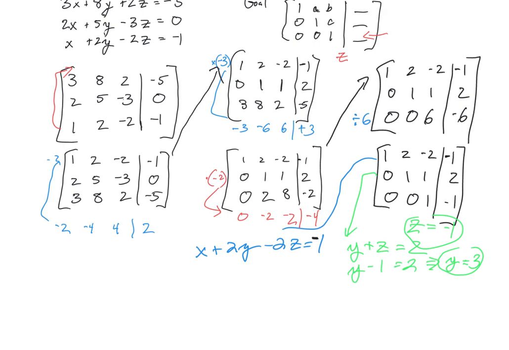But either way, I will take these two values and substitute them in for z and for y. So I will have x plus 2 times, I said the y was 3, minus 2 times, and the z was negative 1, equals negative 1. Pay attention, negative times negative is a positive.